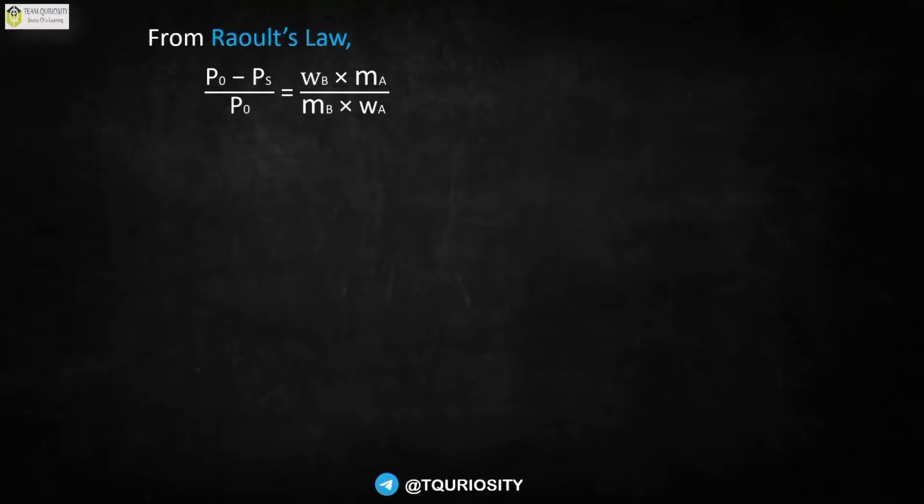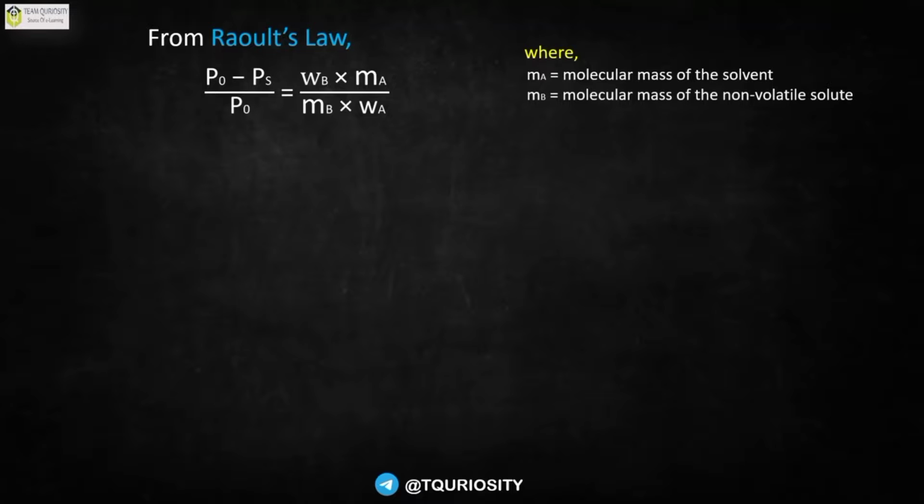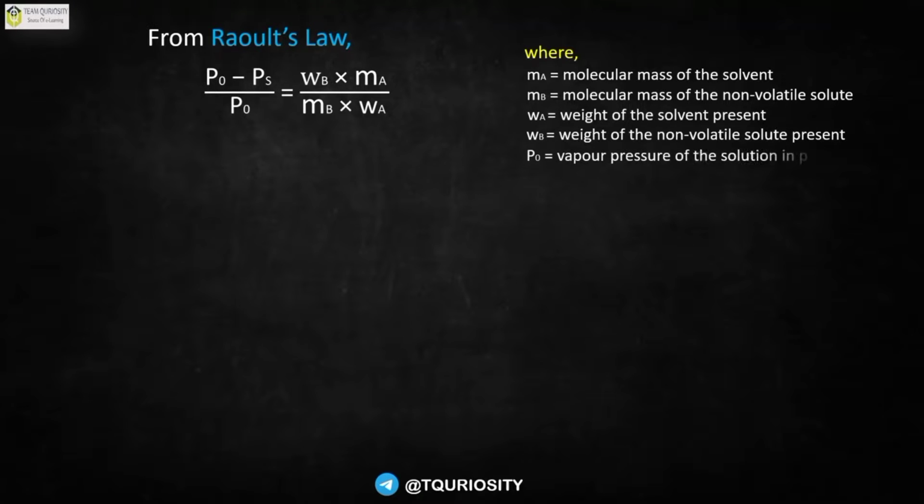Now, we had studied earlier from Raoult's law, (P0 minus Ps) by P0 is equal to Wb into Ma by Mb into Wa, where Ma is the molecular mass of the solvent, Mb is the molecular mass of the non-volatile solute, Wa is the weight of solvent present, Wb is the weight of non-volatile solute, P0 is the vapor pressure of the solvent in pure state, and Ps is the vapor pressure of the solution when a non-volatile solute is added to it.